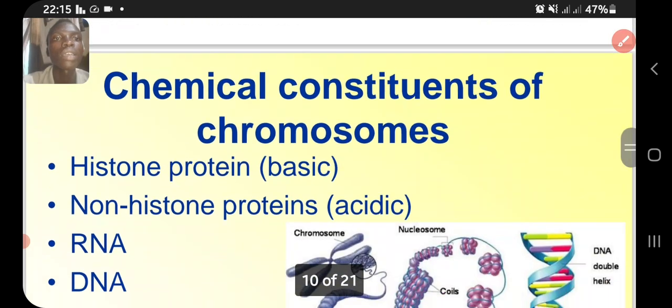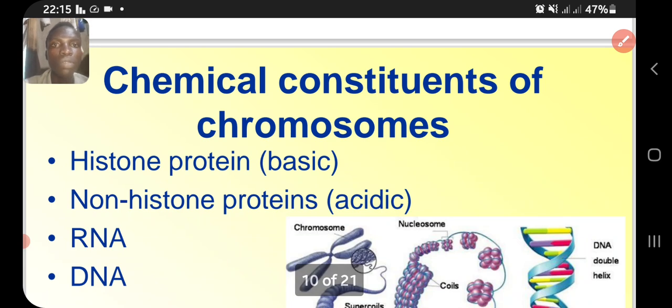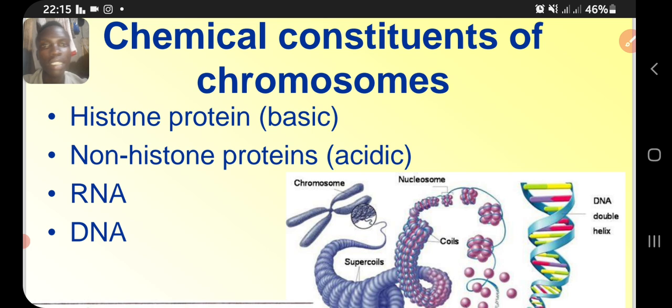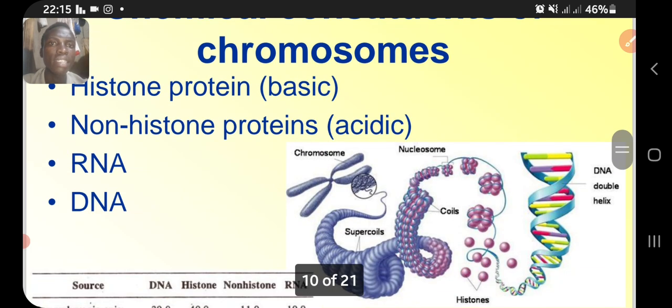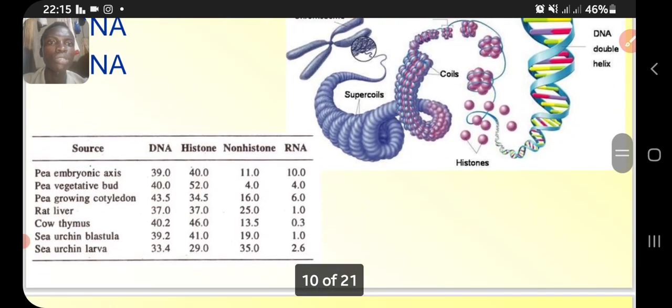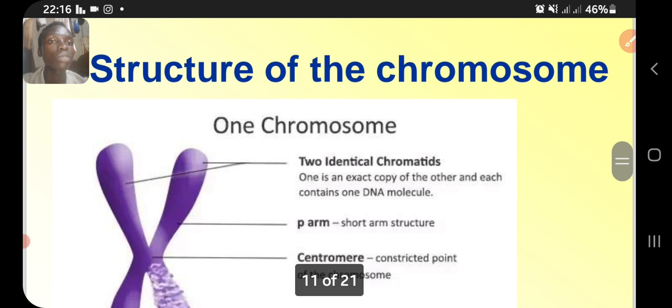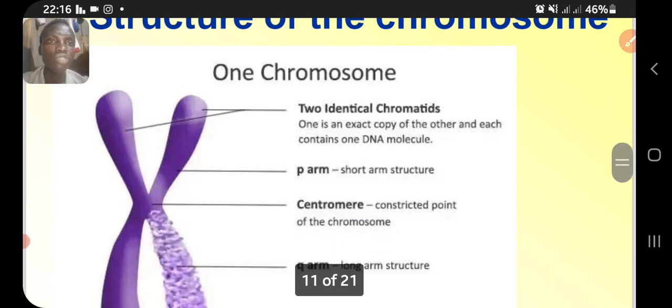So look at the constituents of the chromosomes. These chromosomes have histone proteins, which are basic, and non-histone proteins, which are acidic. We also have RNA and DNA in these chromosomes. And we have this table there, then the structure of the chromosome. We have to look at the structure of this chromosome, especially when it has thickened.